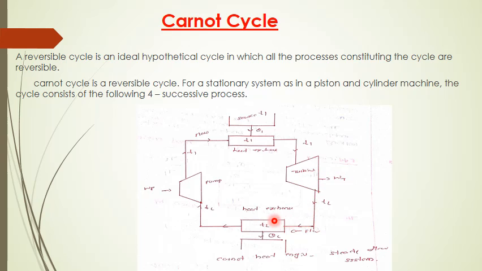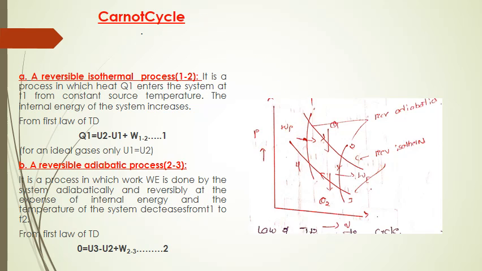Again, the expanded steam is sent to the condenser. Here heat rejection takes place, and work is added here. In order to run the pump, we need to add work. So heat addition, work done by the system, heat removed from the system, and work added to the system.